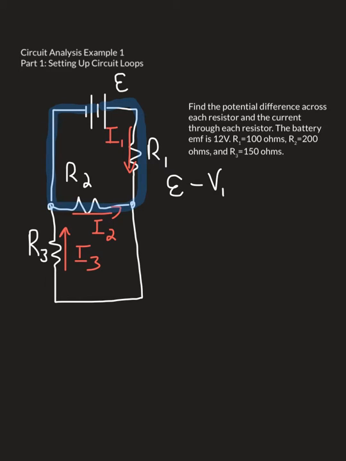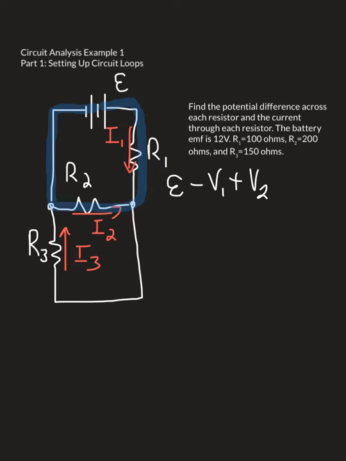Continuing on this loop, at the branch, I'm going to choose to go to the left through resistor R2. The current direction I chose for R2 points to the right. We're going the opposite direction through this loop as the direction for the current. So that's going to produce a positive voltage change that we'll call V2 because it goes through resistor 2.